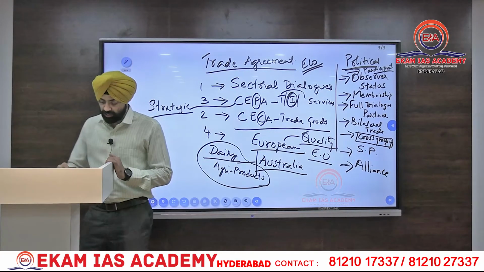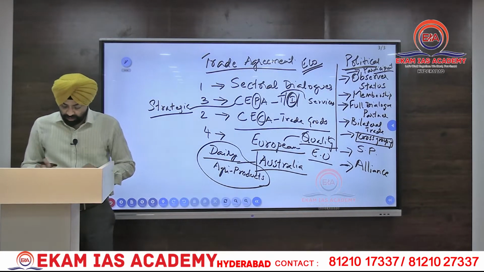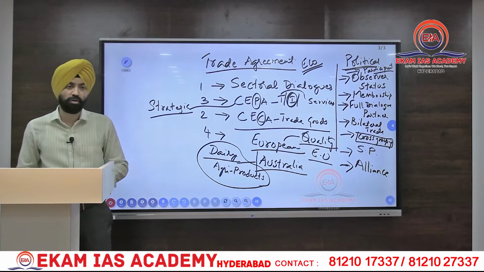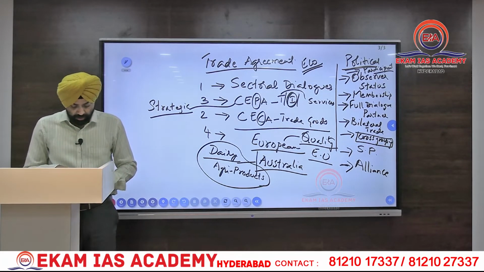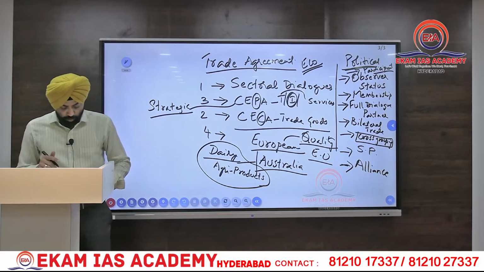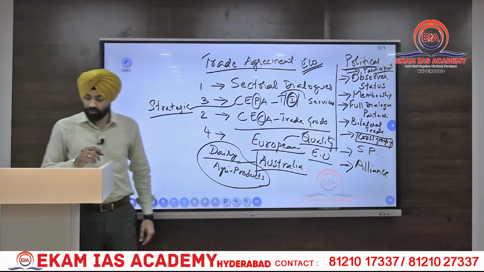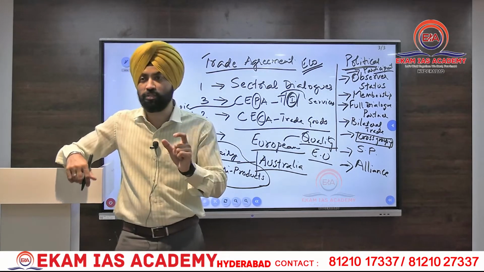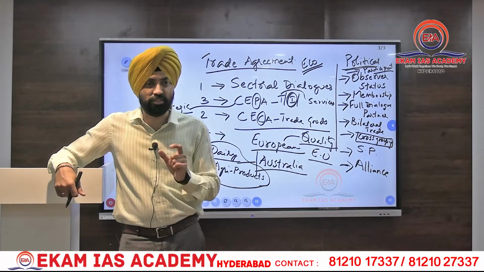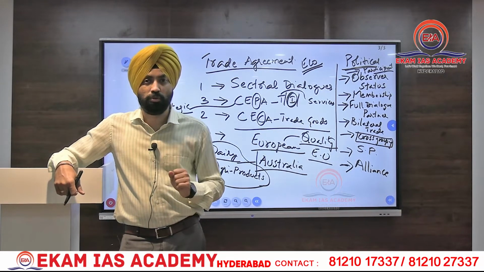Next, major schemes and initiatives to boost India's exports. These 8 points are important from the mains perspective. Please make a note here. Definitely a question can come here. One important area here was one of the schemes which India provided to its industries, which the World Trade Organization has an objection to.